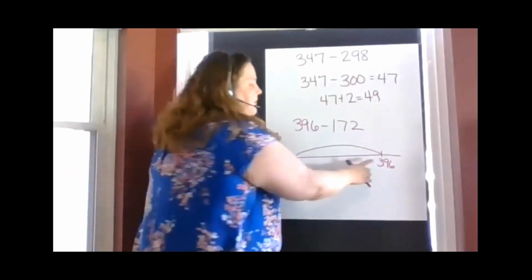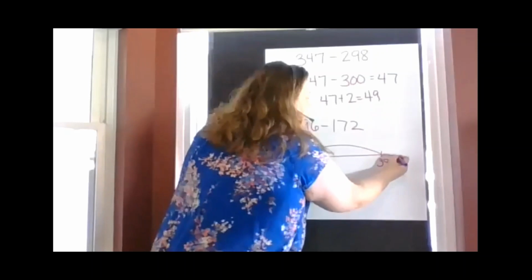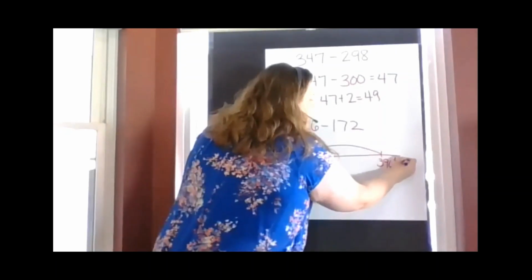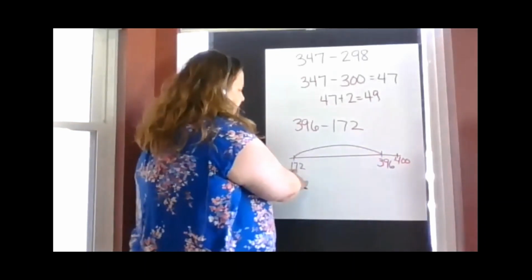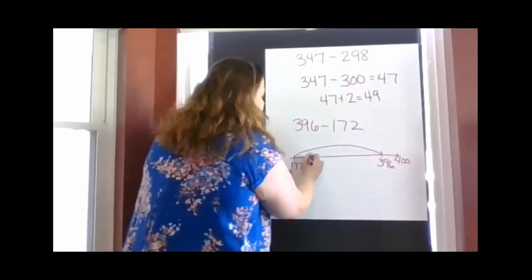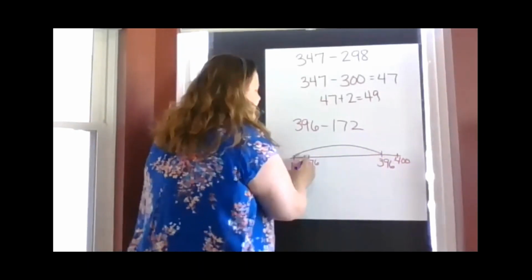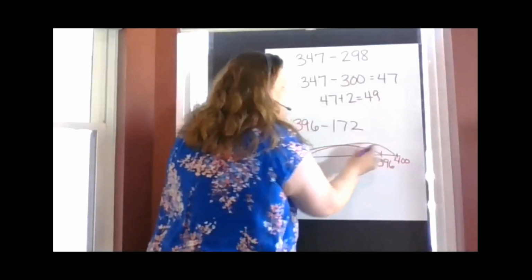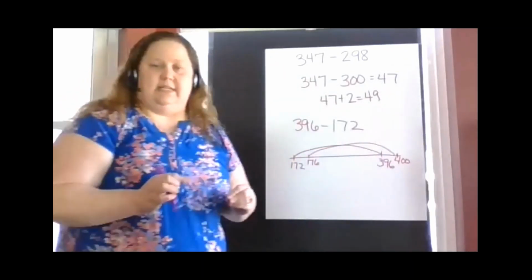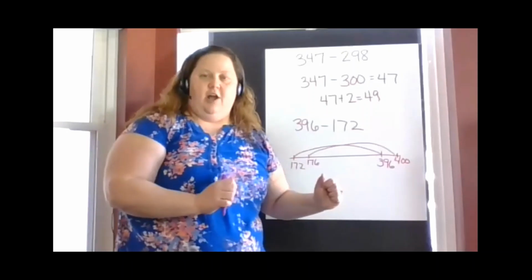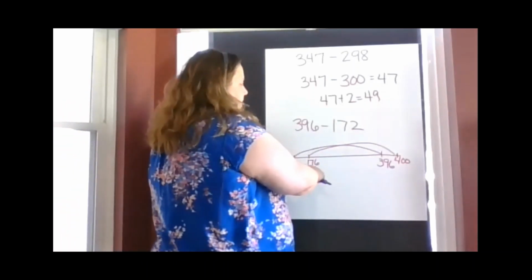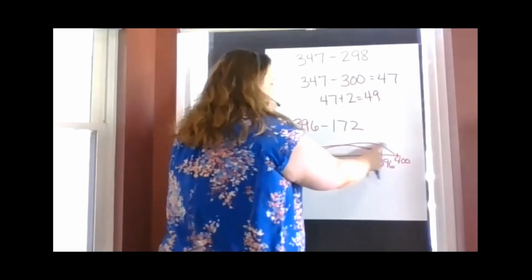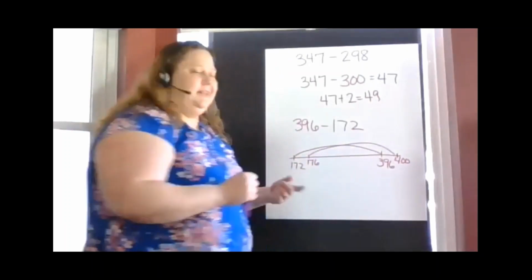So if I move up to 400, I've added on 4. If I add on 4 here and move to 176, this distance is still the same distance. I just shifted on the number line.